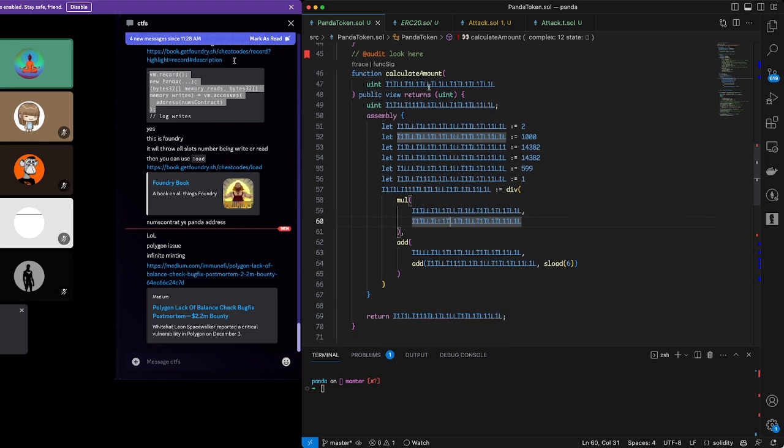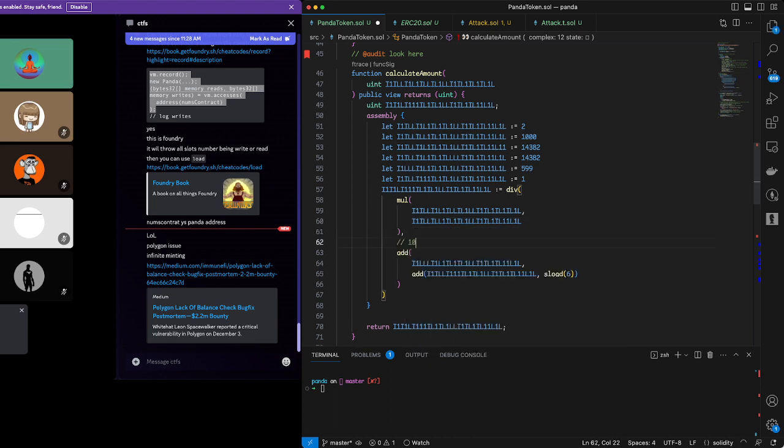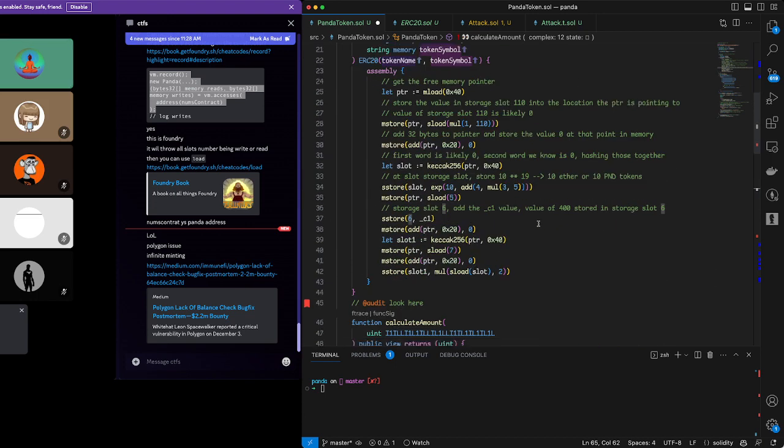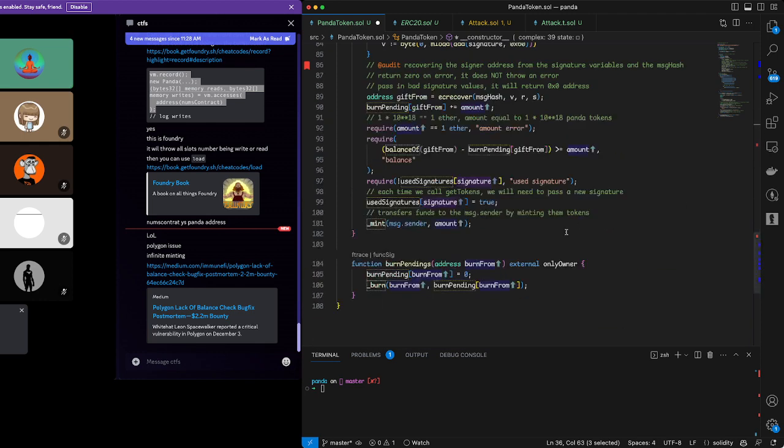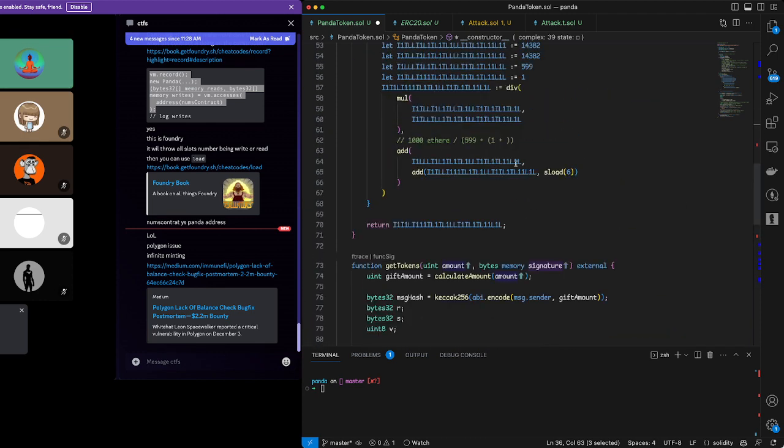So 1,000 ether divided by the addition of 599 plus 1 plus S load 6. Remember S load 6, 400. So 400.